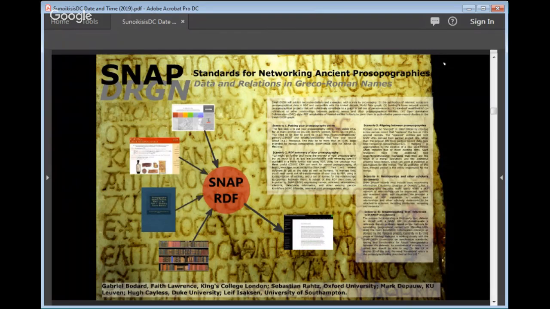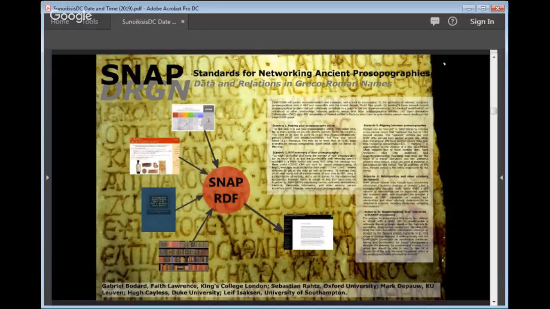To put that in context just briefly, the aim of this project is, as the title implies, to talk about how we should encode information relating to ancient people that is relevant for the interoperability or the sharing of data between different person data sets relating to the ancient world.